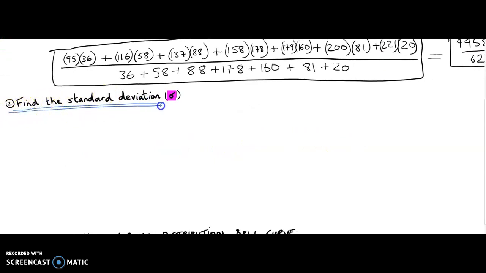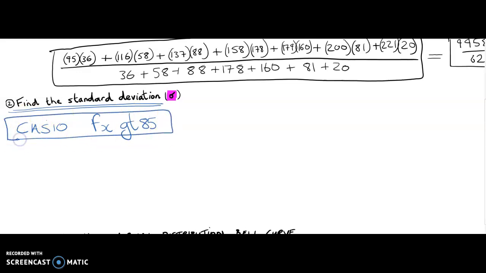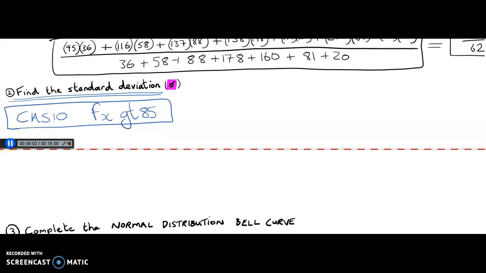Now, to find the standard deviation, most people would have a Casio calculator, the FX-GT, could be the 8.5, could be an 8.3, but everybody's is different. I'm going to use the one that I have. And there's another video on how to find the standard deviation using a Casio calculator.